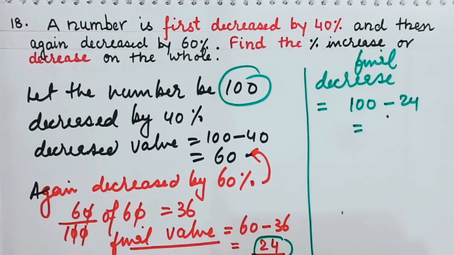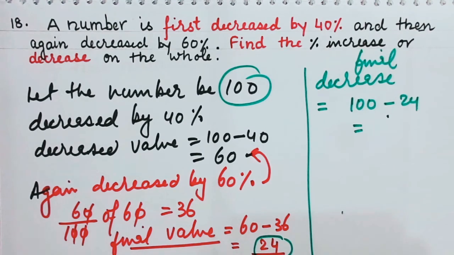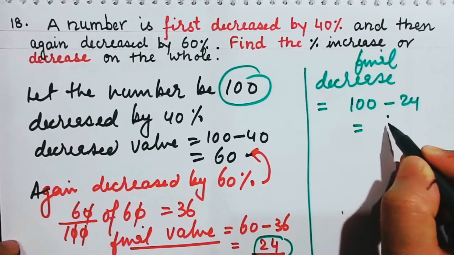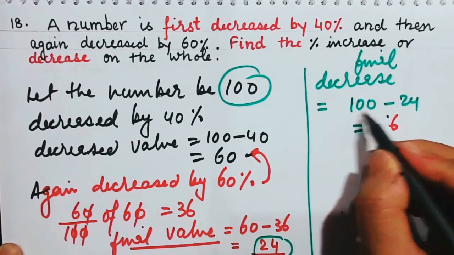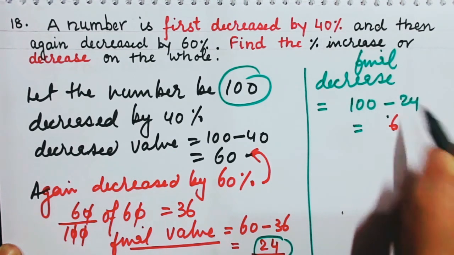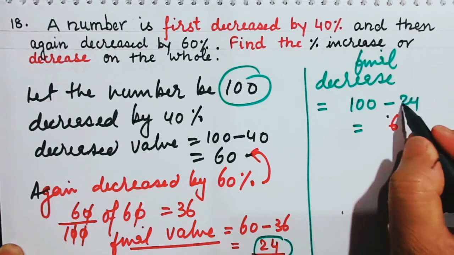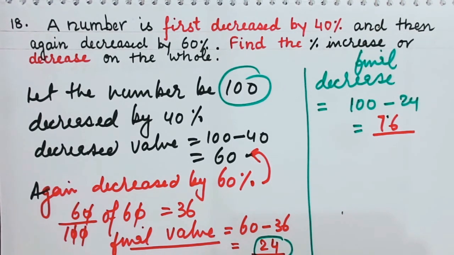Sorry, I hope I am getting it right. 100 minus 24 is equal to 76.